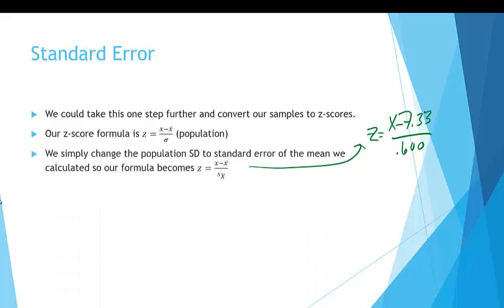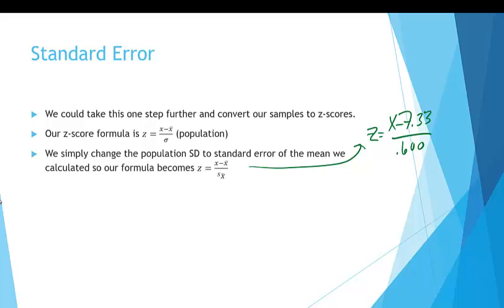We're going to change it slightly, and instead of standard deviation, we're going to have x minus x bar over the standard error of the mean. Okay. For this, it becomes z equals x minus 7.33, because that was the average of our means, divided by 0.600. That's our standard deviation of the mean.